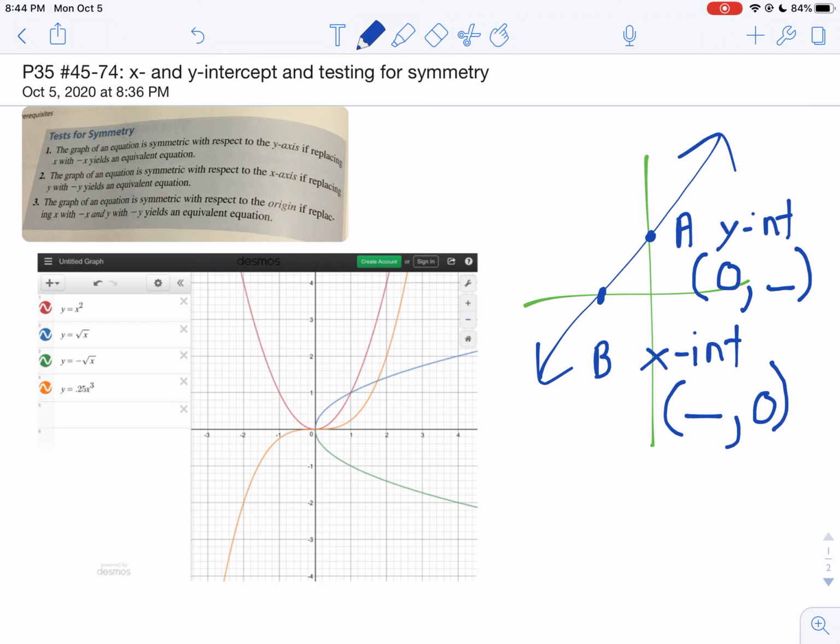So for example, in a problem, let's see, x and y-intercept. Well, I can't find a problem right now, so I'll make one up, okay?